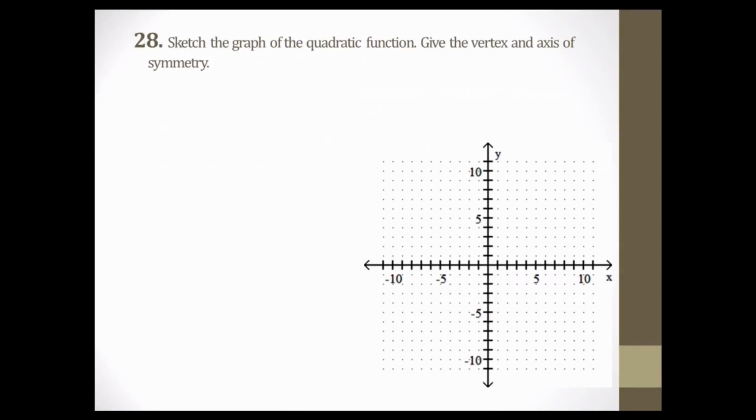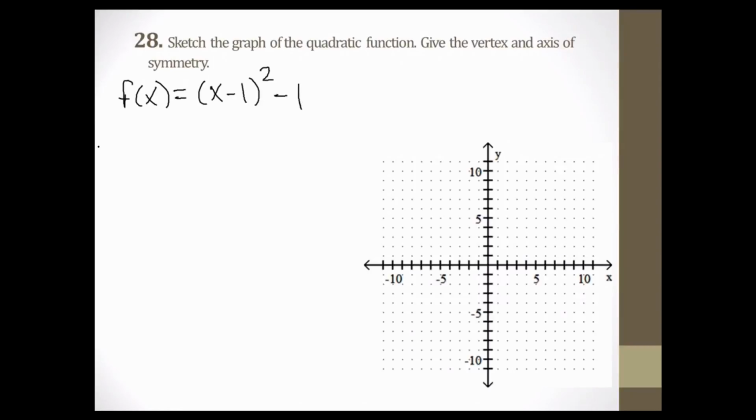So sketch the graph of the quadratic function. Give the vertex and axis of symmetry. So let me write the quadratic function. f of x equals (x minus 1) squared minus 1. All right, so this is actually in vertex form.